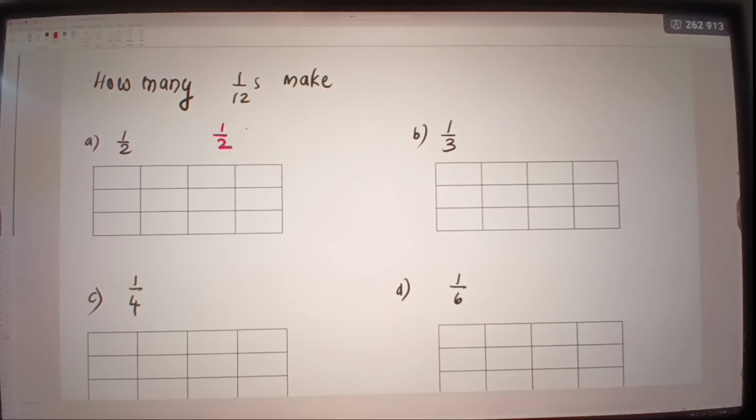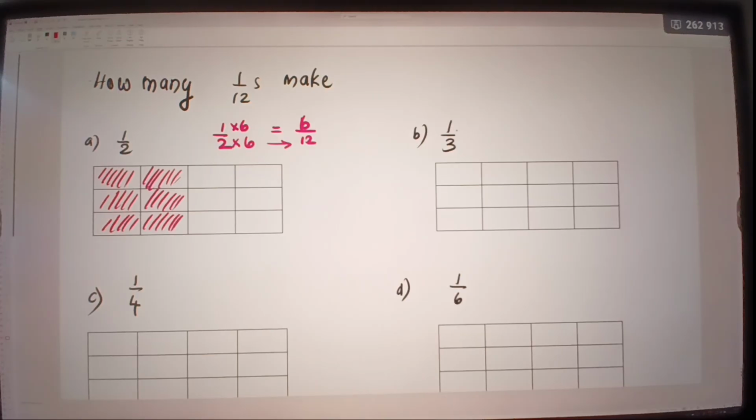From 2, what operation do you have to do to get 12? If you multiply by 6, you will get 12. So you do it on both numerator and denominator. So if you shade 6 boxes, you will get a half.